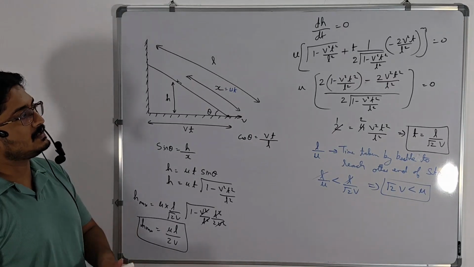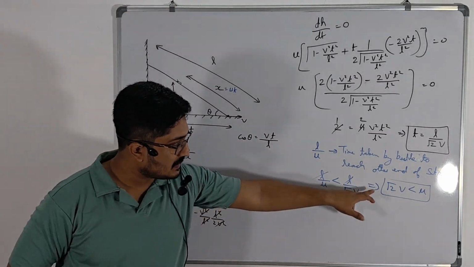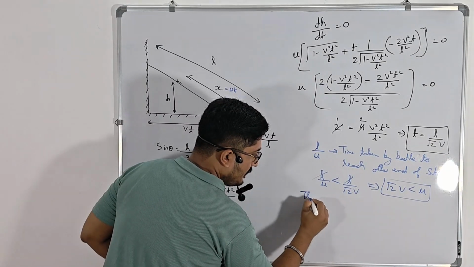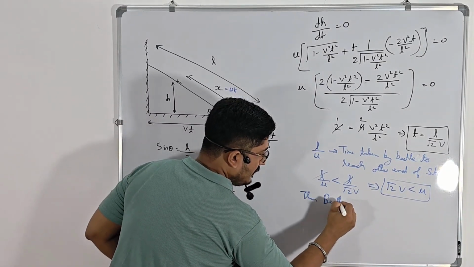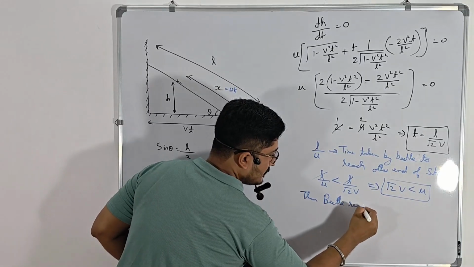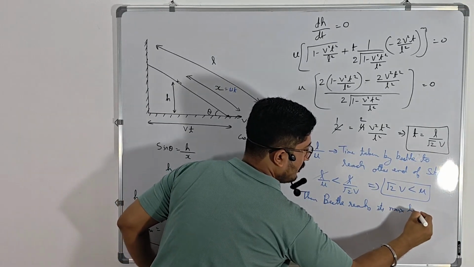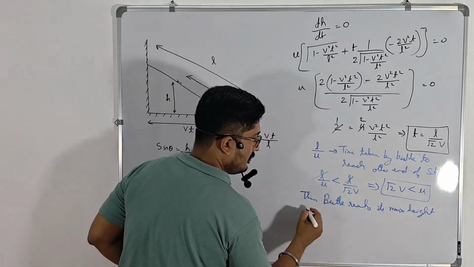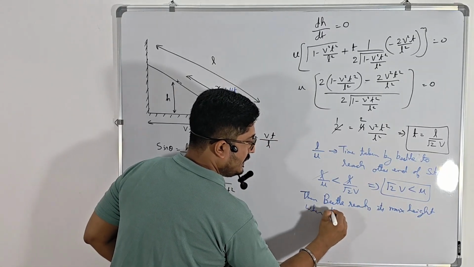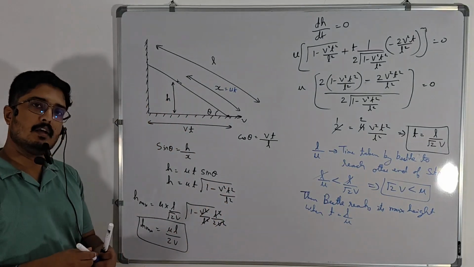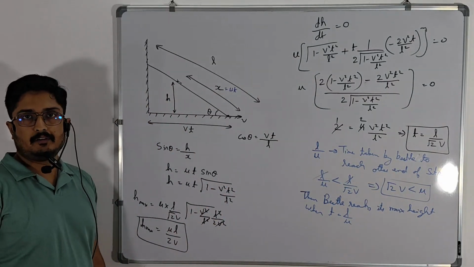So if this condition is happening, then the beetle reaches its maximum height when t equals L by U. At this condition, the beetle will reach its maximum height.